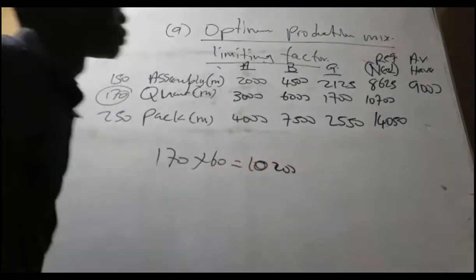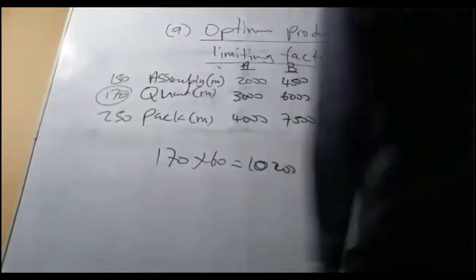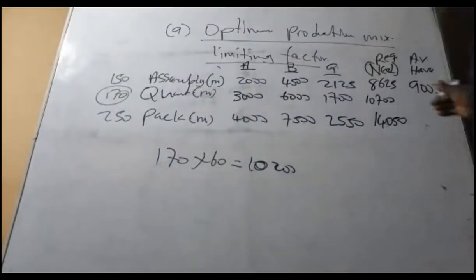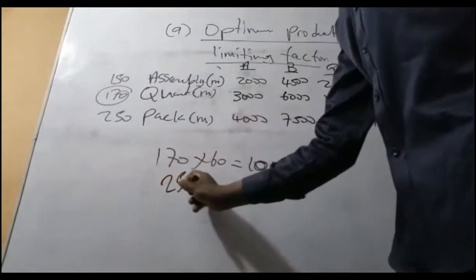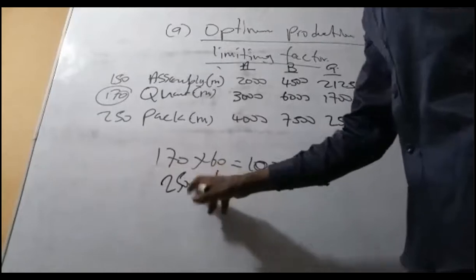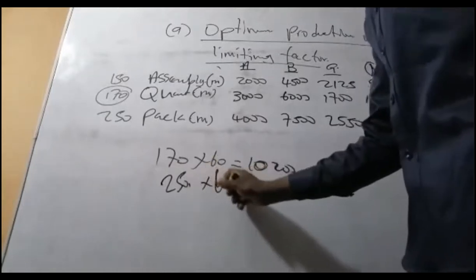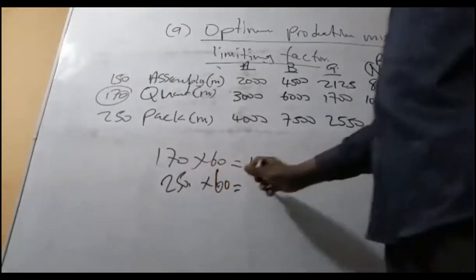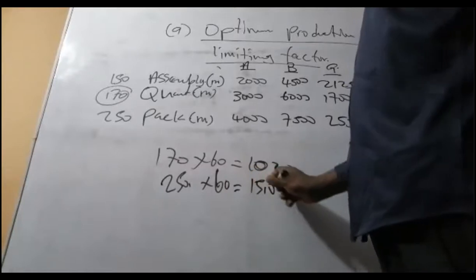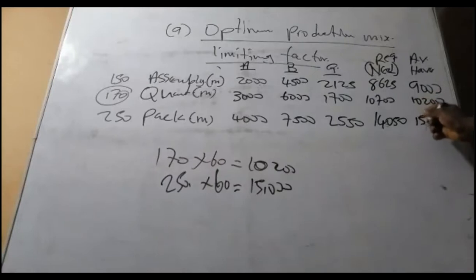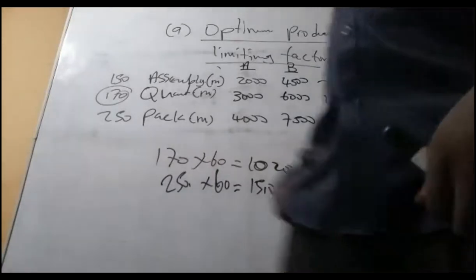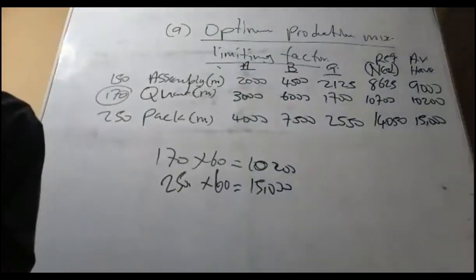Then 250 hours by 60 minutes will give us 15,000. So I'll put the 15,000 here.